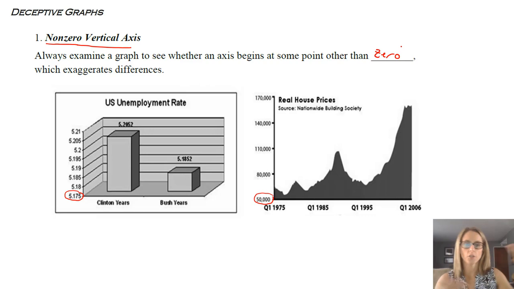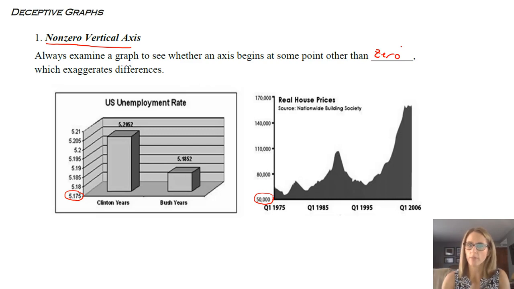is it exaggerates differences. So you'll notice that if this started at 0, on the graph on the left-hand side, the percentages 5.2052 and 5.1852 are very, very close together, incredibly close together. Those numbers are almost the same. But because of the way that they've skewed the vertical axis, those differences look enormous.